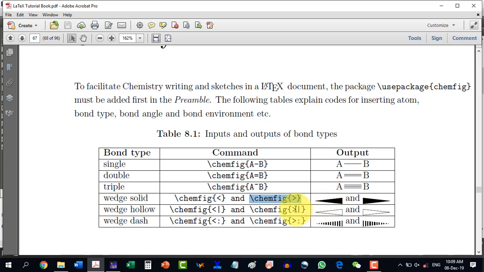Similarly, for a hollow wedge, we will have to write the vertical bar with it, and then it will create a hollow wedge. And for a wedge dash, we will have to write a colon with this. So by executing these commands, we can have these outputs. They are clearly mentioned in the book and they can be followed.